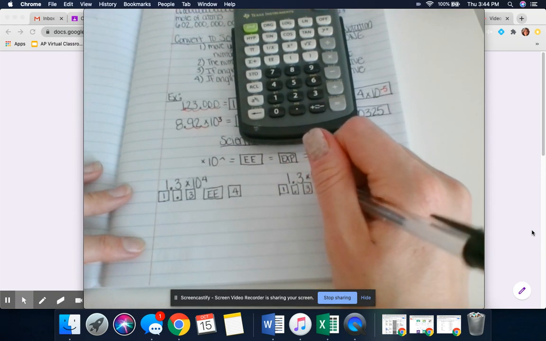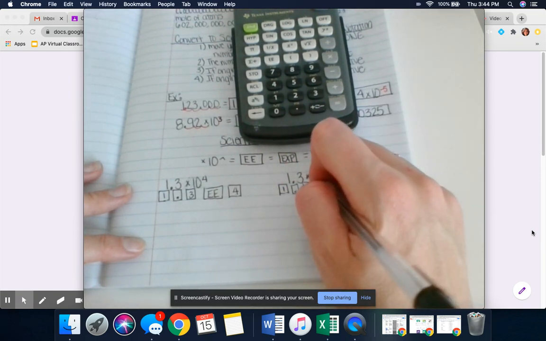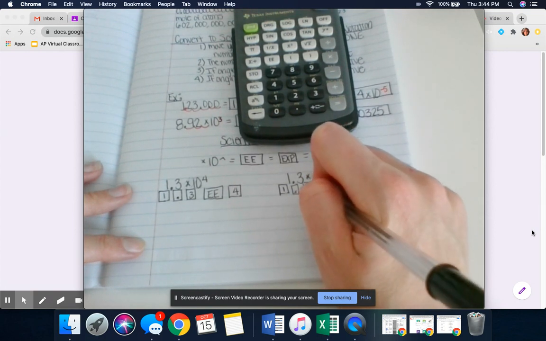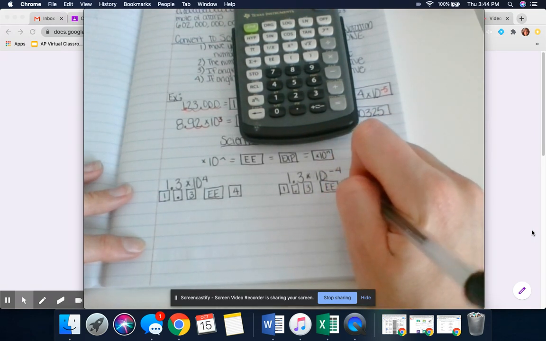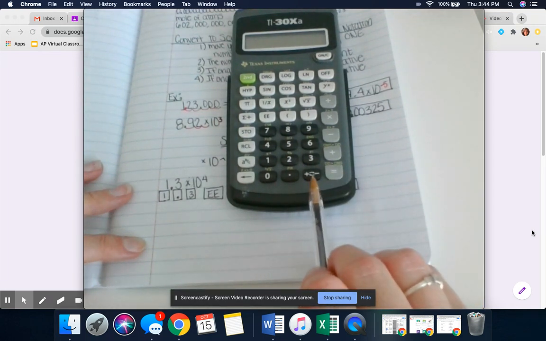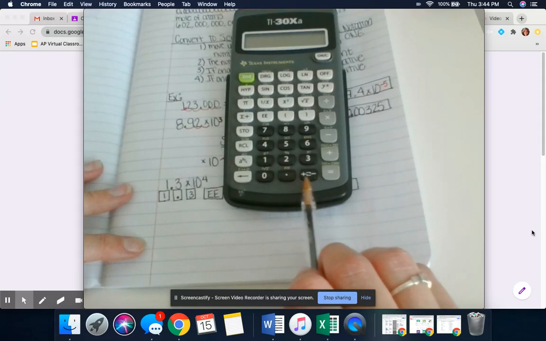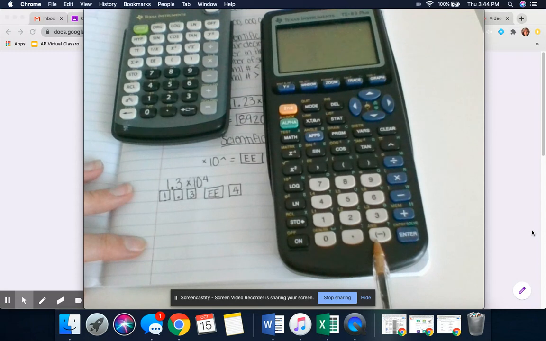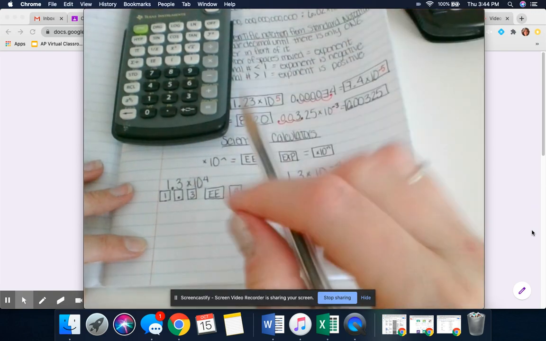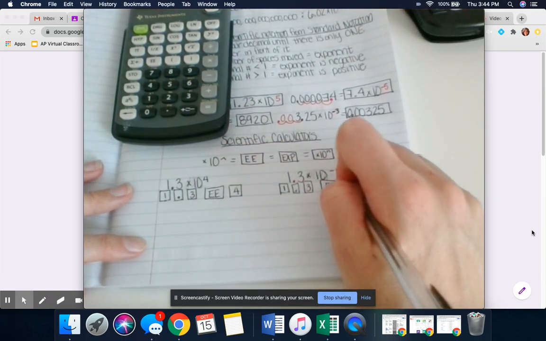And then remember, all the times 10 to the is just going to be EE, and that's it. Then make sure for the negative that you're typing, see how my negative looks like this? It's like a plus, change it to a minus. On this calculator, it looks like a little parentheses negative button. Do not hit your subtract button. That's different. Whatever it looks like on yours, mine looks like this.